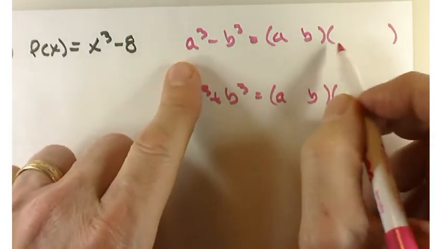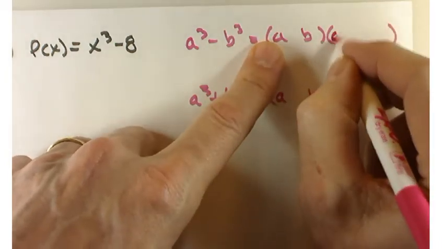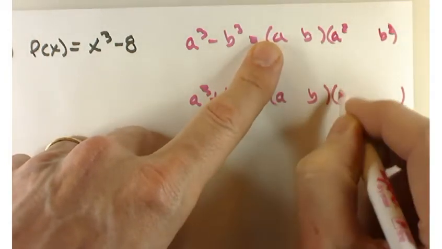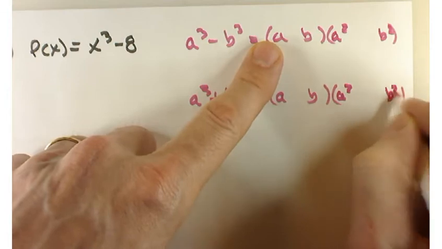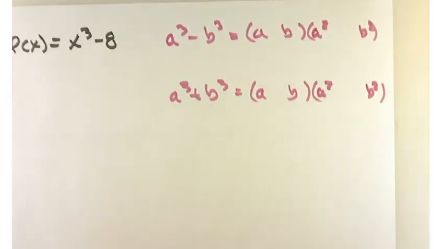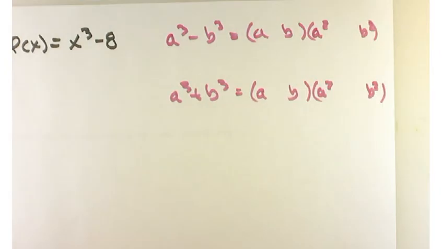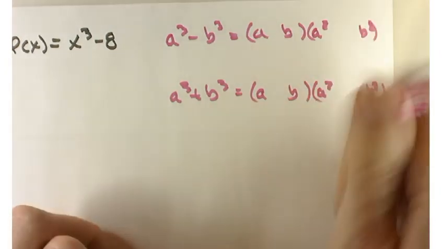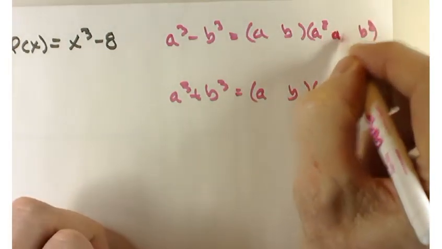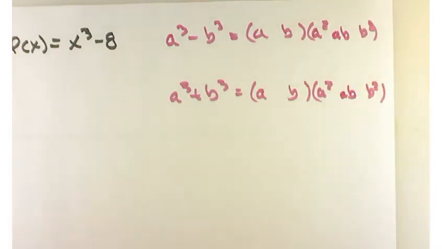The way to get that trinomial is to take the a and the b and square them, and that'll be the end terms of your trinomial. But I need one more term, and that middle term is just going to be the product of those two things, a times b. So that's going to go in the middle. Some people want to put a 2 in there. There's no 2 in there.